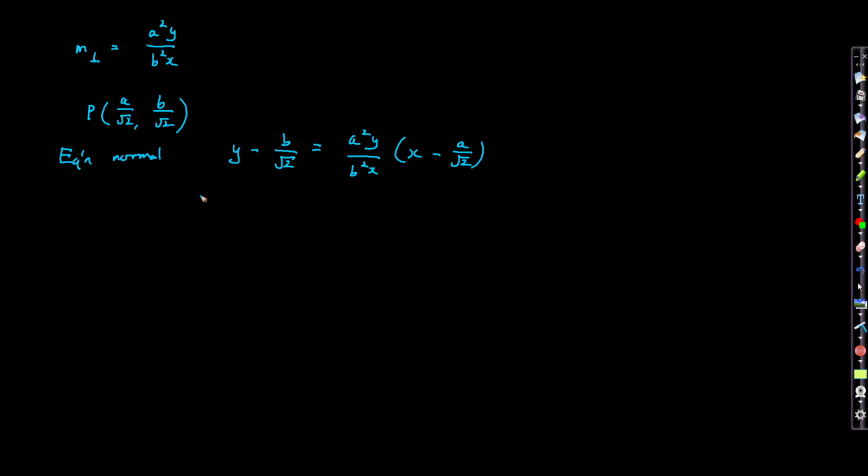Now the y-intercept is when x is equal to 0. So we're going to get y minus b over root 2, let me just expand this for a moment.